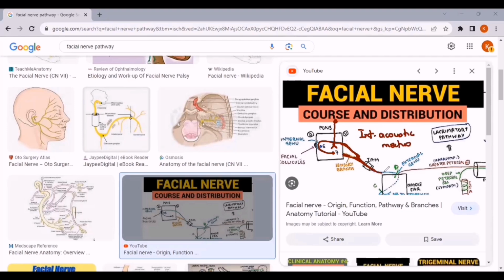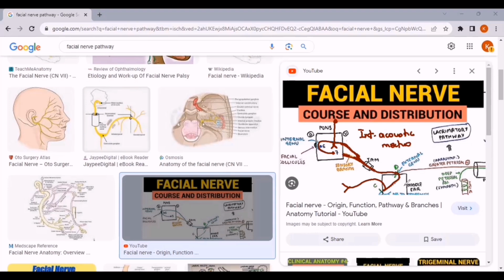Then when they enter, a lot of things happen. For example, it goes through the middle ear. Okay, and then there's a branch called the petrosal nerve, which goes to feed some salivary glands. Then within it as well, it forms the geniculate ganglion.